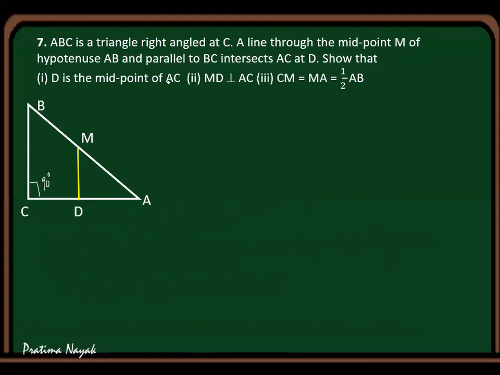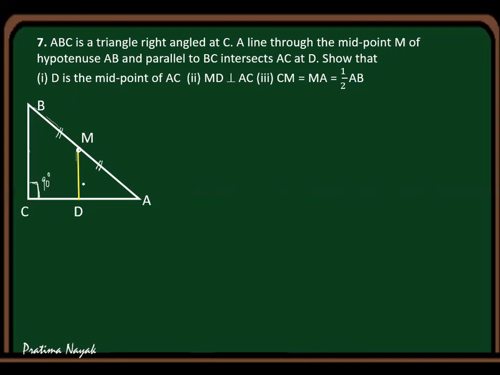A line through the midpoint M of the hypotenuse. If angle C is 90 degrees, AB is always the hypotenuse. And M is the midpoint of the hypotenuse. It is drawn parallel to BC, so MD is parallel to BC.